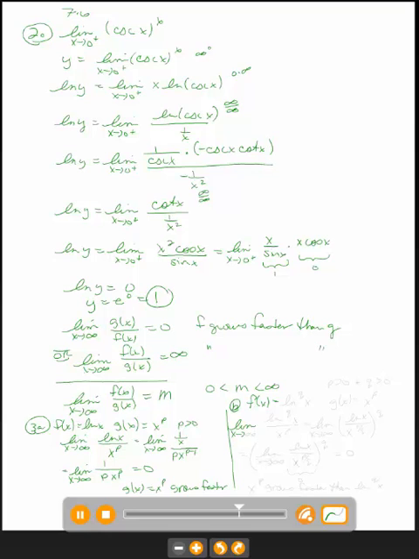Part B, let's squeeze it over here. f of x is natural log to the q of x, and g of x is x to the p, as long as p is greater than 0 and q is greater than 0.